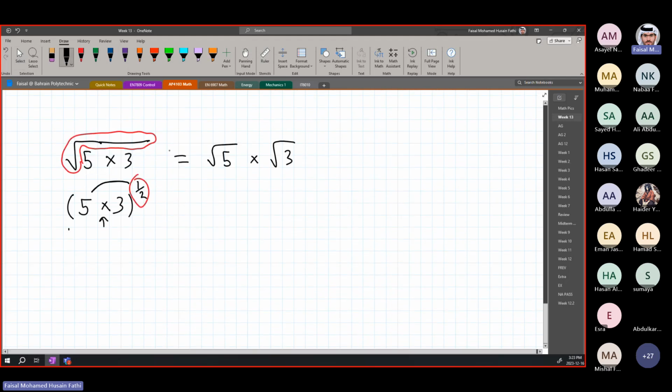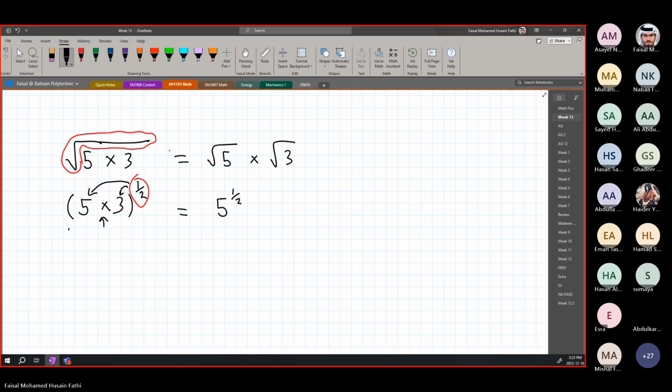So we can distribute this onto each. So this is equal to 5 to the power of half times 3 to the power of half, which also means square root of 5 times square root of 3. And of course, vice versa, you can start from square root of 5 times square root of 3 and put them under the same root.